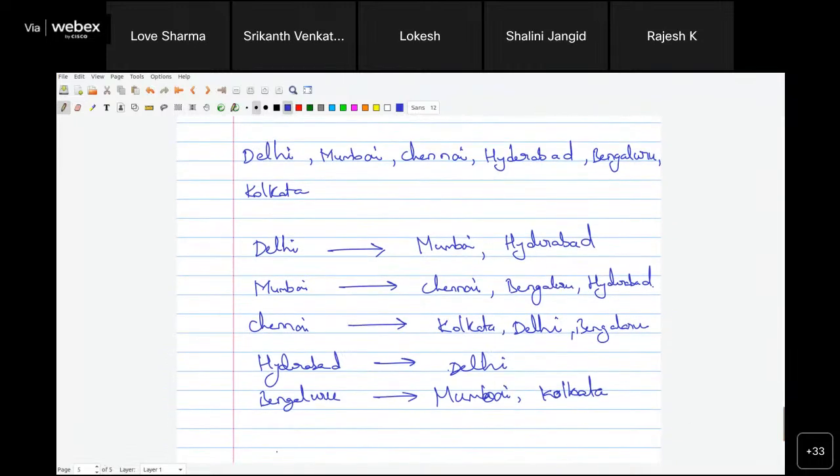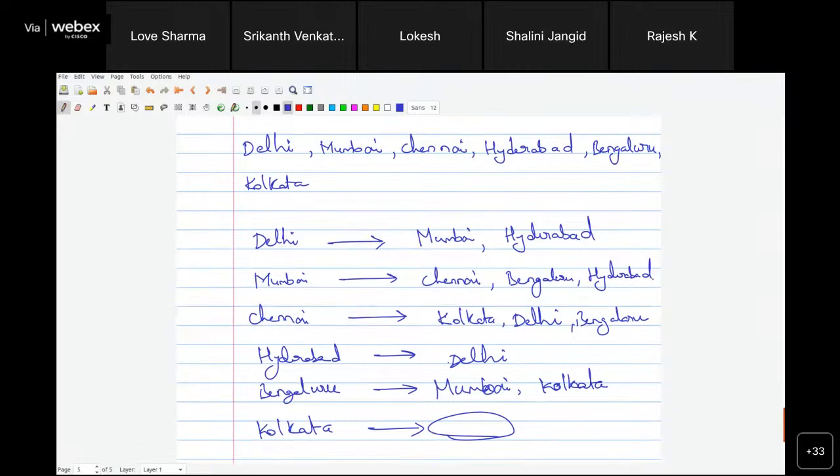And finally, Kolkata doesn't have any direct flights to any city. Okay, so this is how the data is given to us.